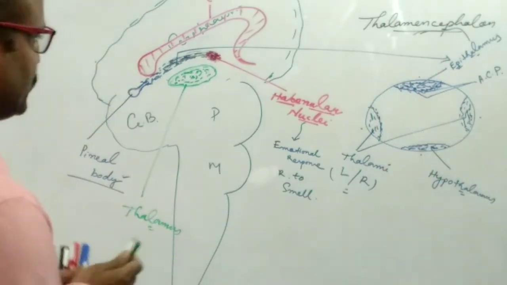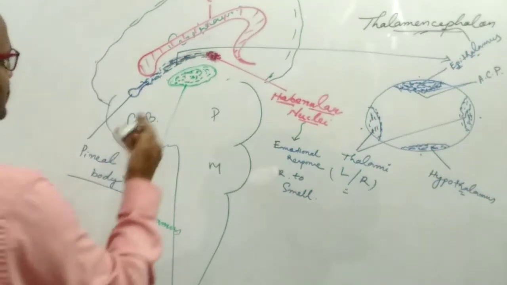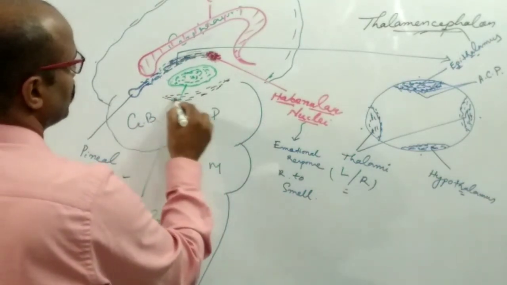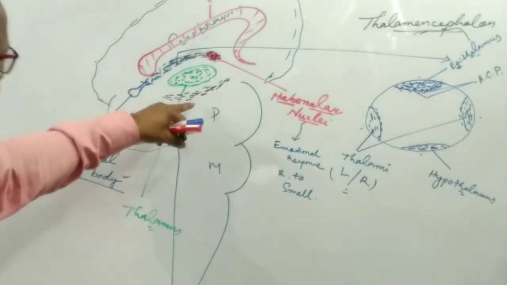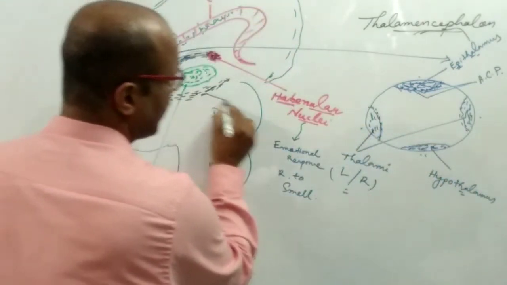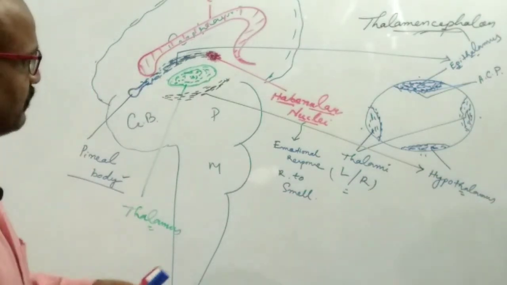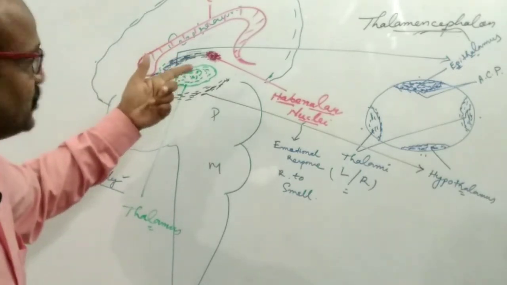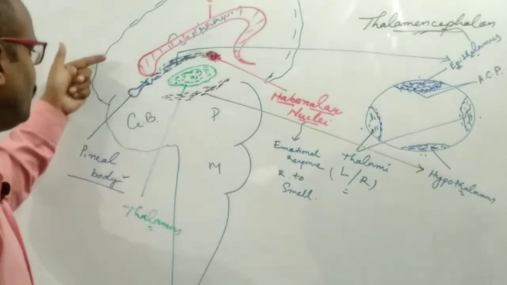The floor of the third ventricle also contains the neural mass and is known as the hypothalamus. So the hypothalamus is present below the thalamus, while the epithalamus is present above the thalamus.